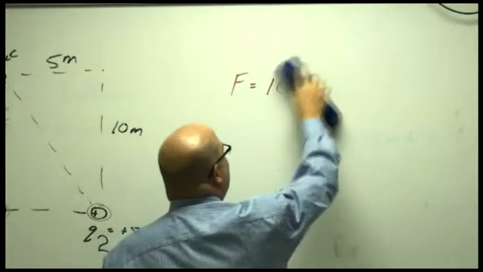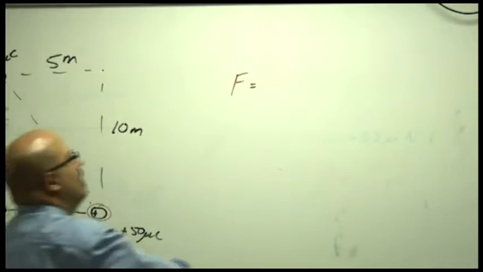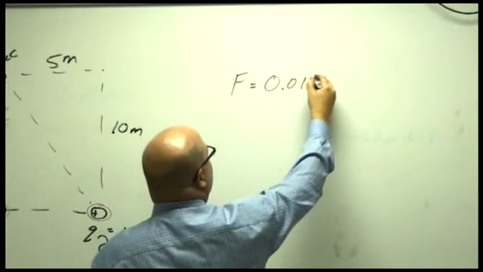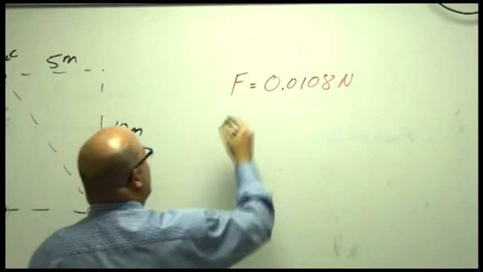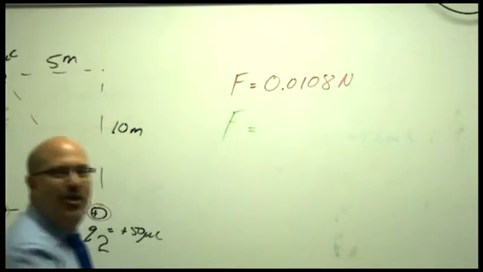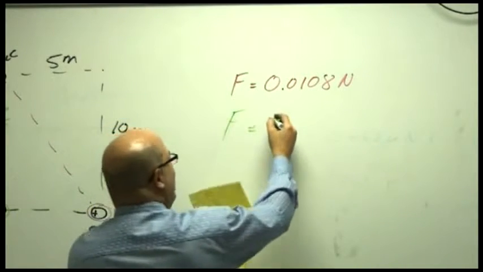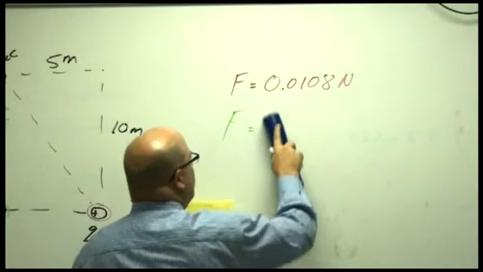Mine is 1080 because I solved mine with centimeters. So it's going to be what? Point. There we go. All right, the green force. In my notes, I have 10 centimeters and 5 centimeters. That's why my number is different. And so this one is, well, it's not negative.